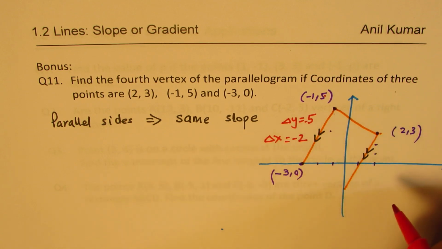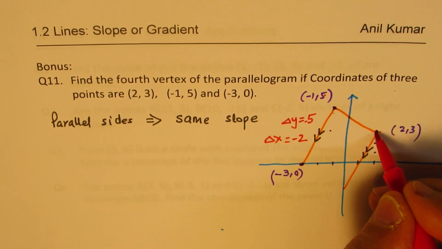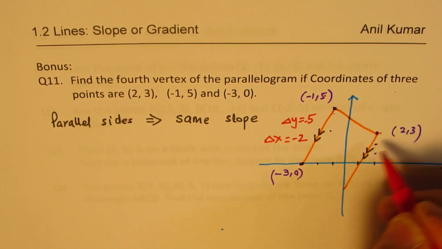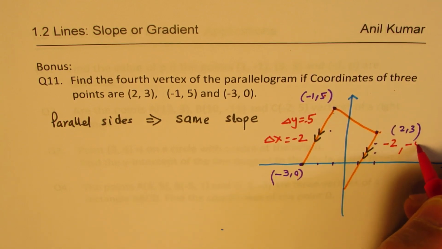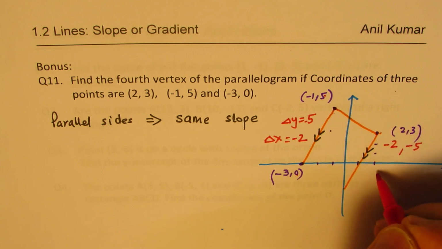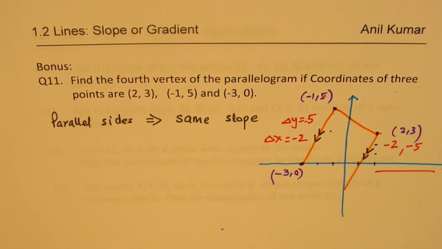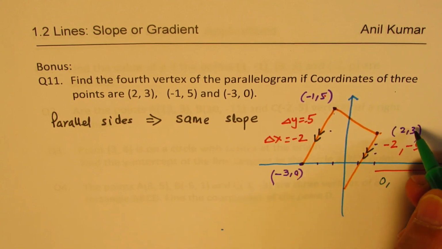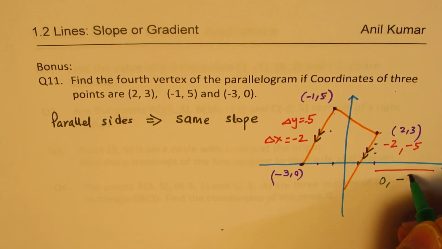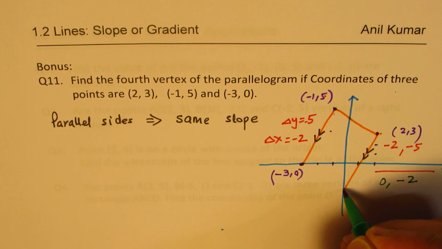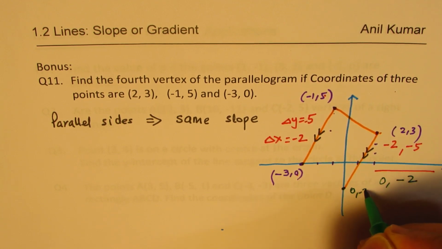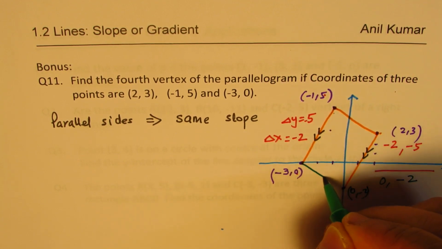So from here, to get to this point, we'll take away minus 2 from the x value and minus 5 from the y value. So if you do that math, what do you get? Well, 2 minus 2 is 0 and 3 minus 5 is minus 2. Correct? So we get a point which is (0, -2).